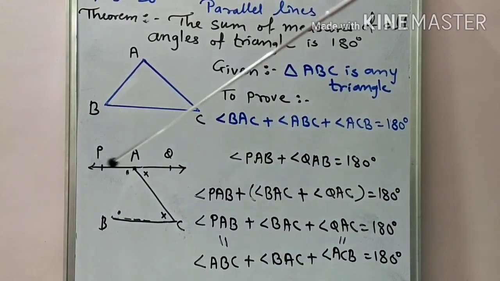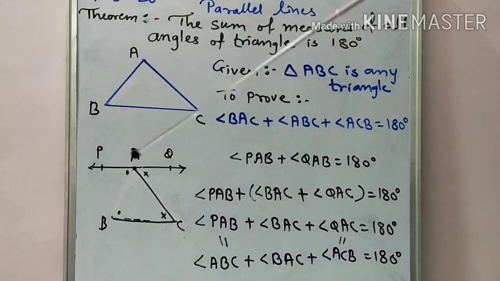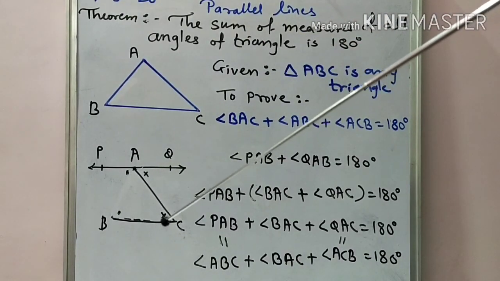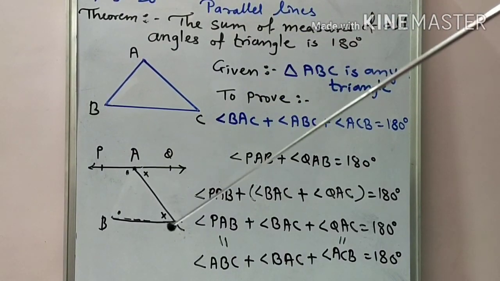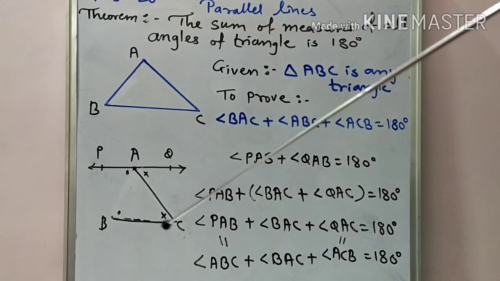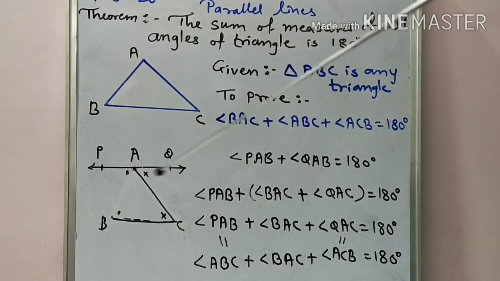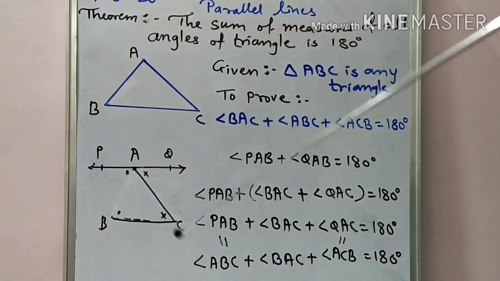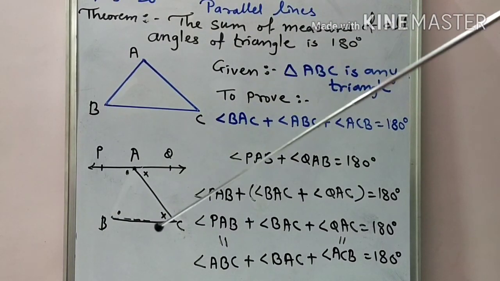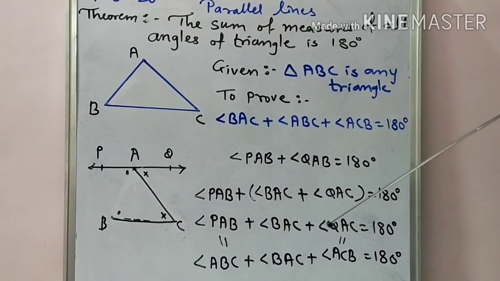And similarly by these two parallel lines, and as we change the transversal to AC, QAC and angle ACB are what? Again alternate interior angles. So if lines are parallel, then the angles formed by the transversal, the alternate angles, are congruent. So we replace QAC as angle ACB.